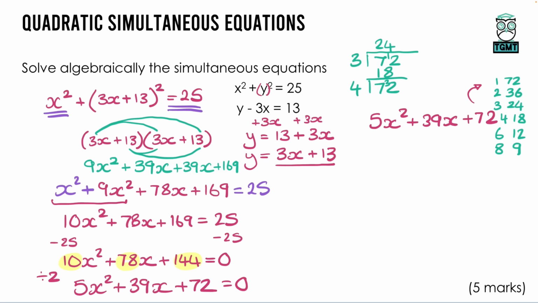So it's going to be one of these options that goes in the brackets. We have a 5 at the start, so one of our brackets has to start with a 5x and x in the other. And we're trying to make 39 in the middle.